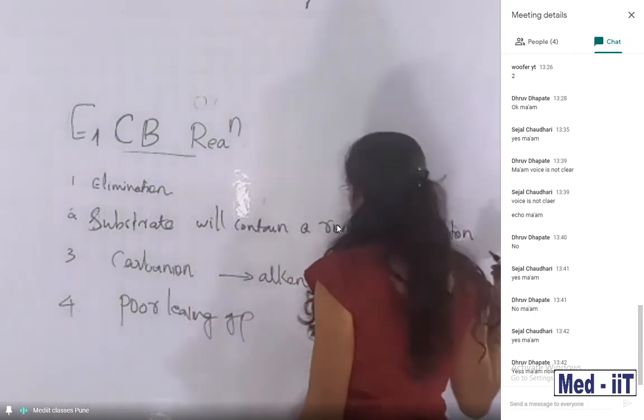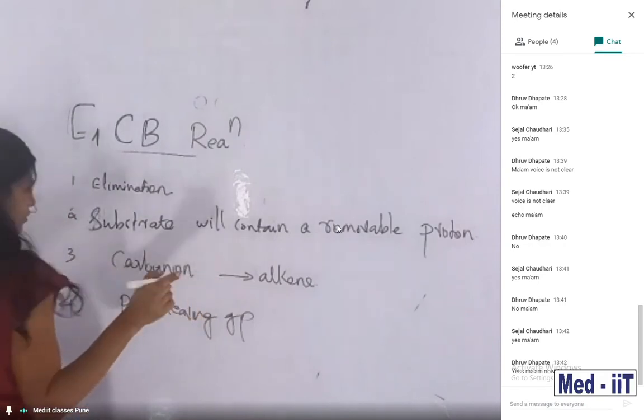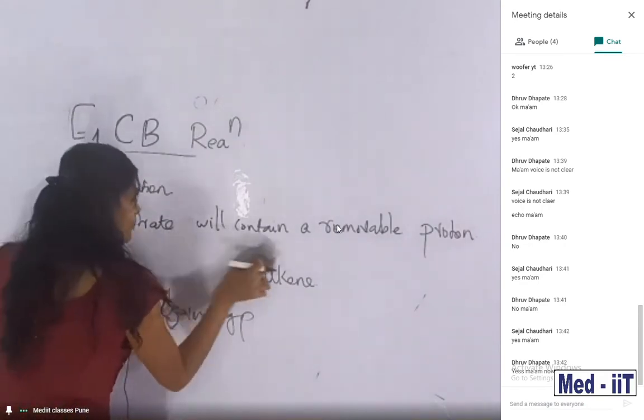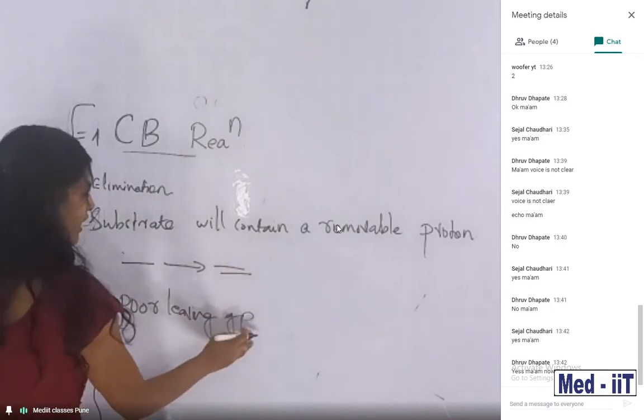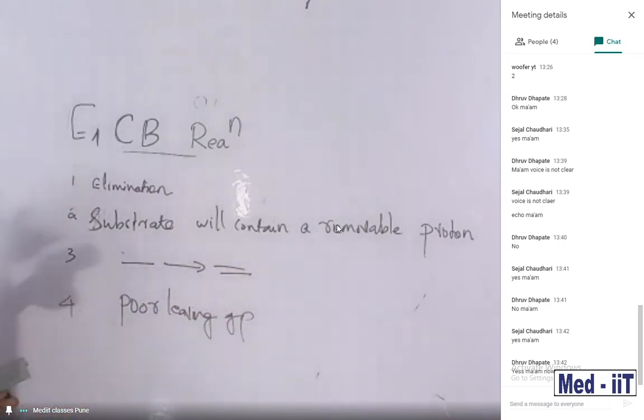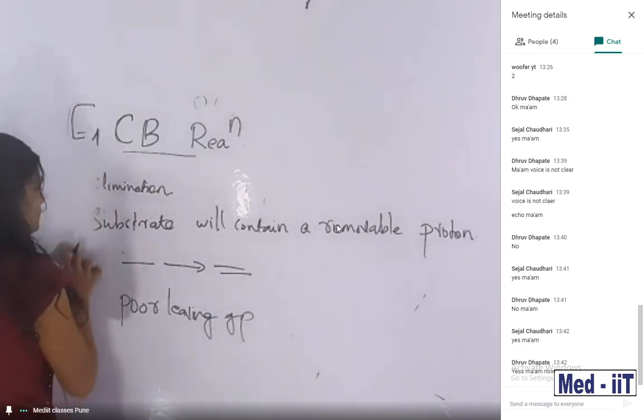Okay, these are the different conditions. Carbanion, so alkene formation. Okay, means a double bond. Single bond is converted to double bond. Poor leaving group. Leaving group is very poor, okay, not too strong. So these things you want to keep in mind.